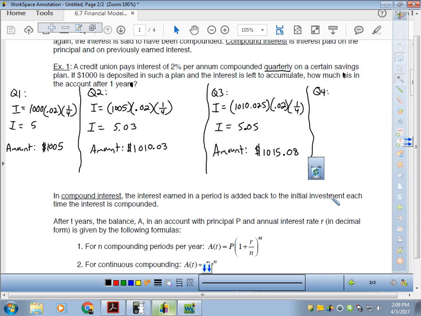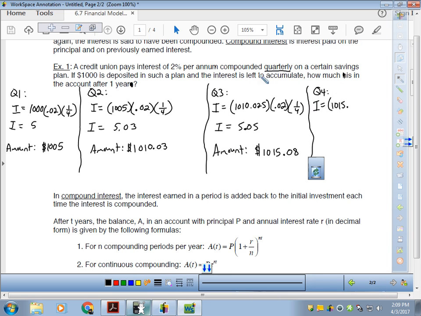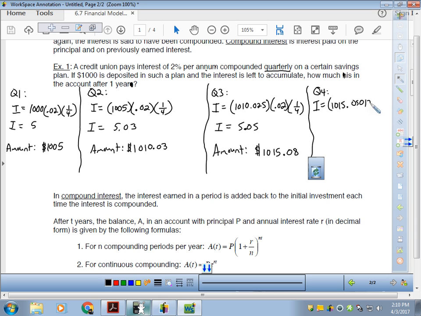So here's where we're at now. Alright, we got one more quarter left to complete a whole year. So again, we're going to calculate the interest again. So we have 1,015.050125. And then we're going to multiply that by the 0.02, our interest rate, and we'll multiply that by another quarter, 1/4.